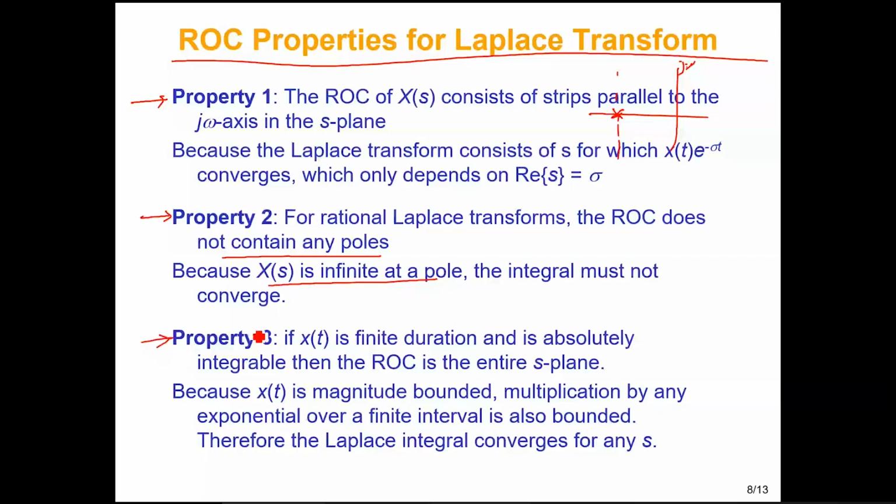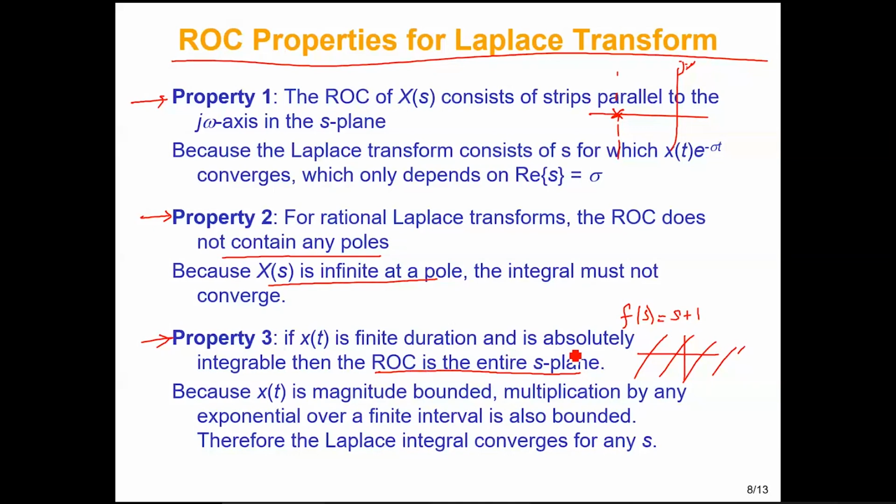Third property, if you have x of t which is of finite duration and absolutely integrable, then the region of convergence is the entire s-plane. What this is saying is that if you find an expression, a function of s, which has no denominator term, let's say s plus 1, nothing in the denominator, then you don't have any pole. And if you don't have any pole, the region of convergence is the entire plane.